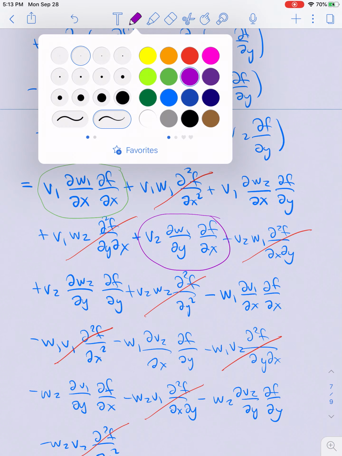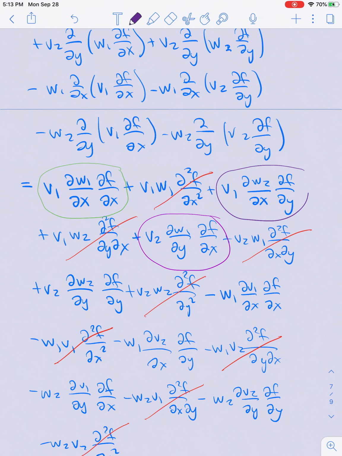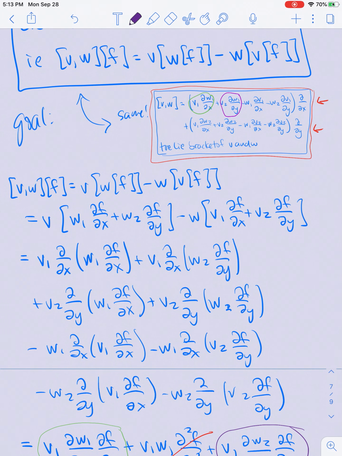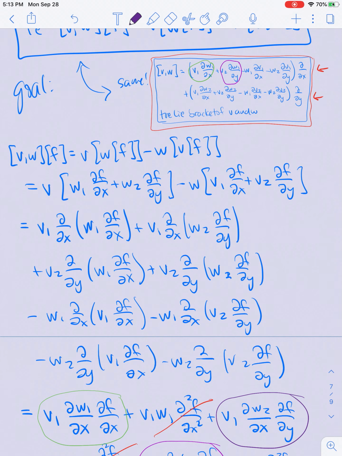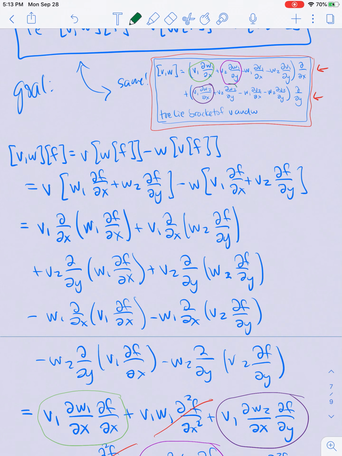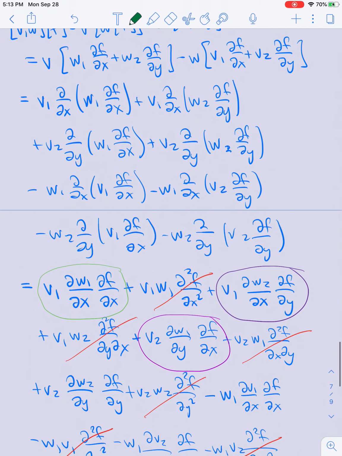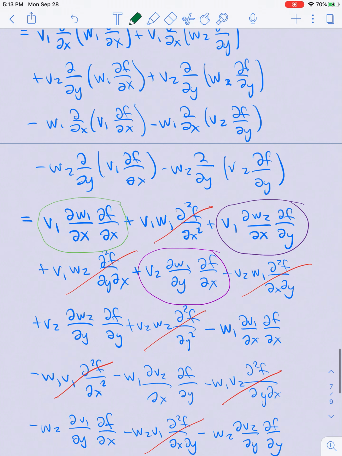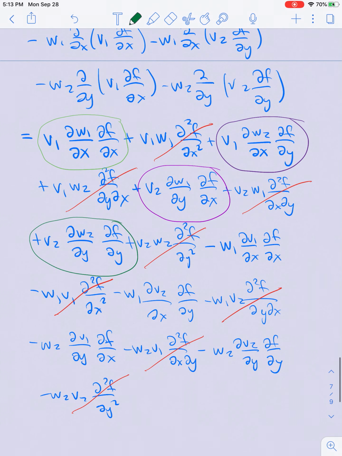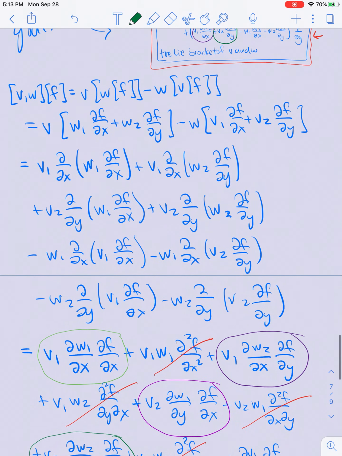I should have a v1 dw2 dx in front of the d by dy, and here it is. I should have a v2 dw2 dy times df dy, and here it is. And similarly, you can go through and match all of the w terms to here.